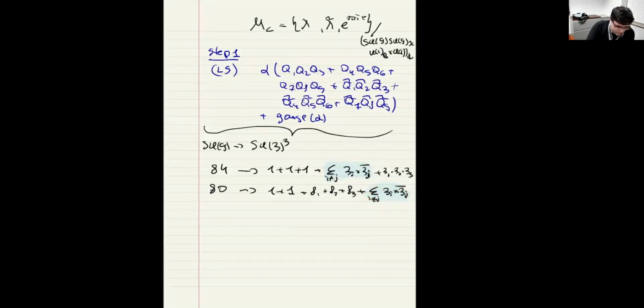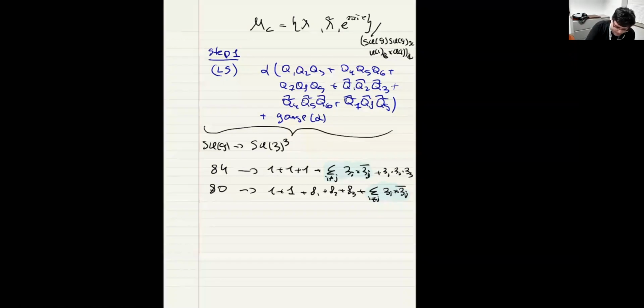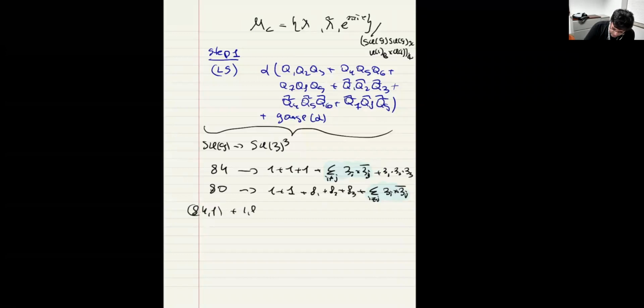And if we do this computation, we have the 84, 1 plus 80 plus 1, 84, which are the marginal operators, lambda and lambda tilde, and we have the one operator coming from the gauge coupling.